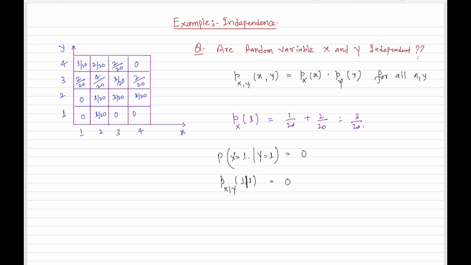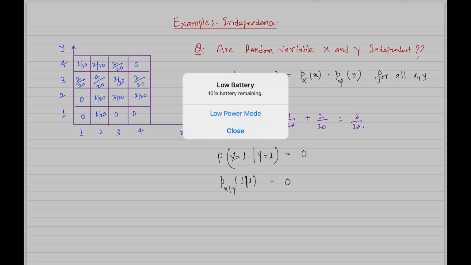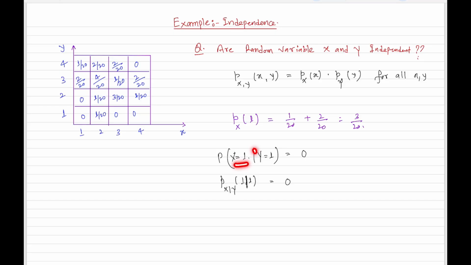So what happened? Initially, when there was no condition, your belief about random variable x taking the value 1 was 3 divided by 20, and when you are given this evidence that y is taking the value 1, under this given condition or evidence, what's your belief that random variable x takes the value 1?